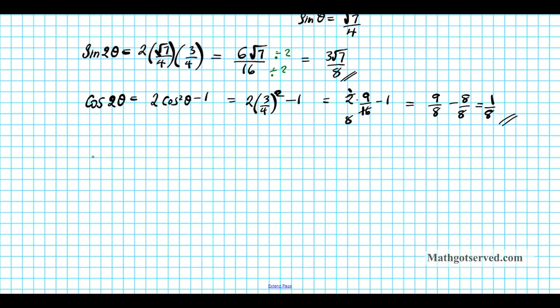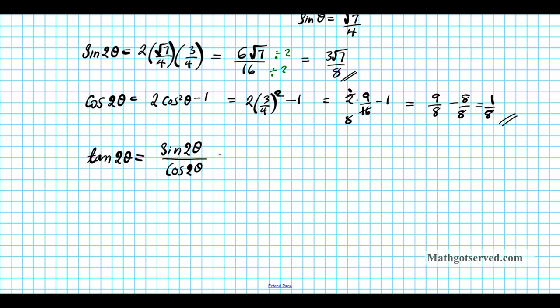So tan 2 theta, you have to be really careful here. Tan 2 theta is sine 2 theta over cosine 2 theta. Because we have sine theta and cosine theta, that's not what we're using here. We're using the sine 2 theta and cosine 2 theta to figure out what tan 2 theta is.